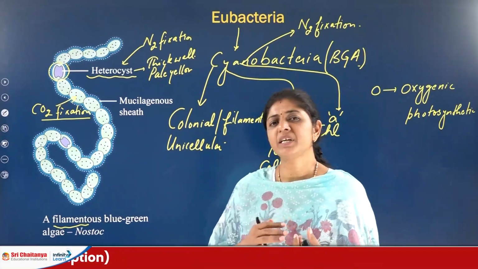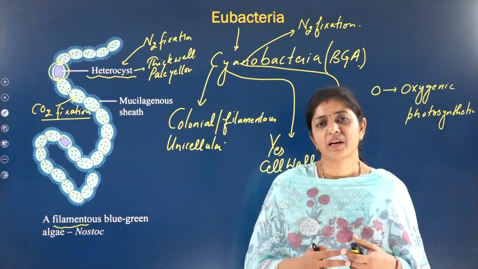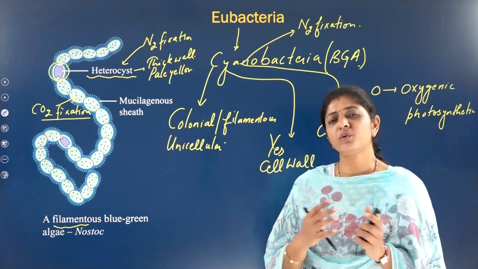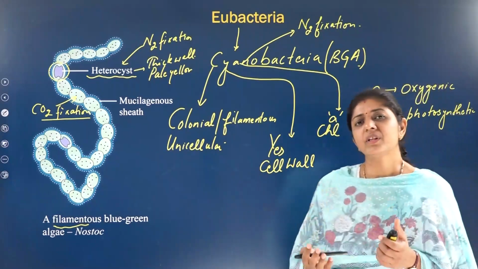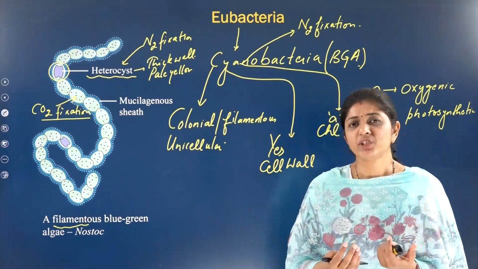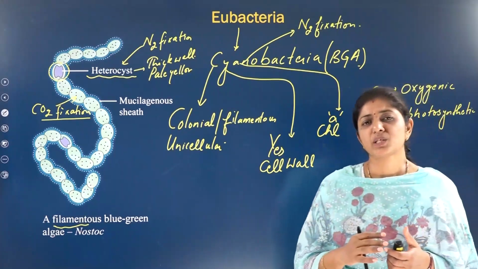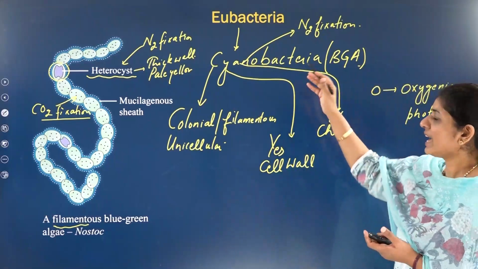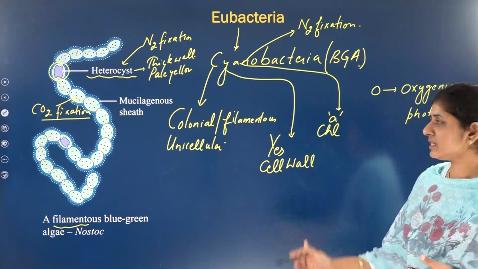They were giving out elements like sulfur. So they were not creating oxygen on this planet. Oxygenic means giving oxygen during photosynthesis, and this organism evolved first. After that, our planet became enriched with oxygen and other organisms also arose due to the congenial environment. So here O means an oxygenic photosynthetic organism.